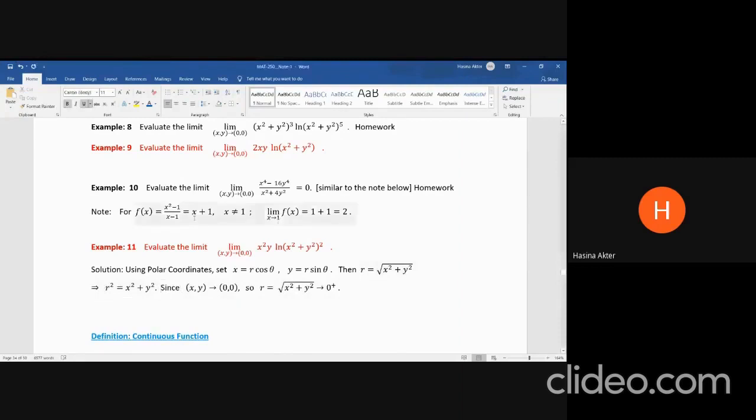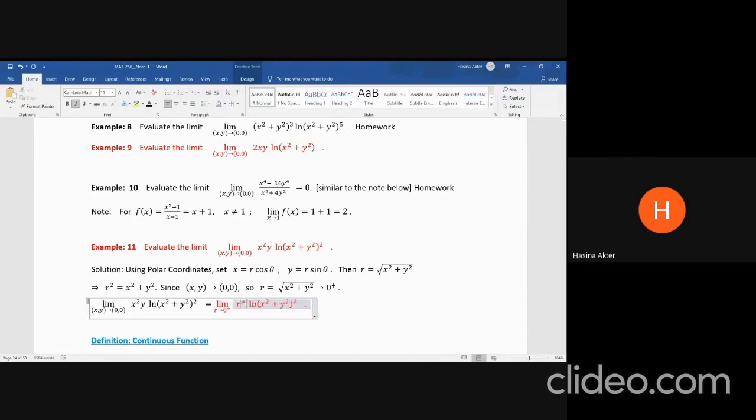Now class, if I start with this, let me write it down. In the place of the limit, I have r approaches 0 from the right, and over here x is r cosine theta.